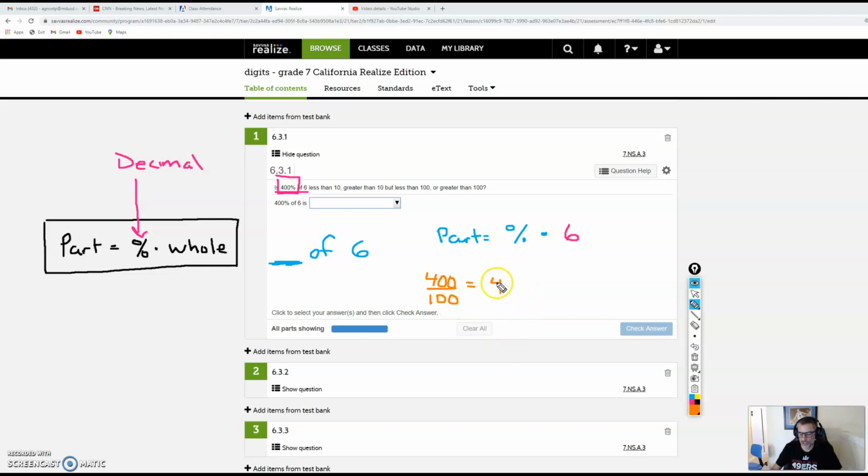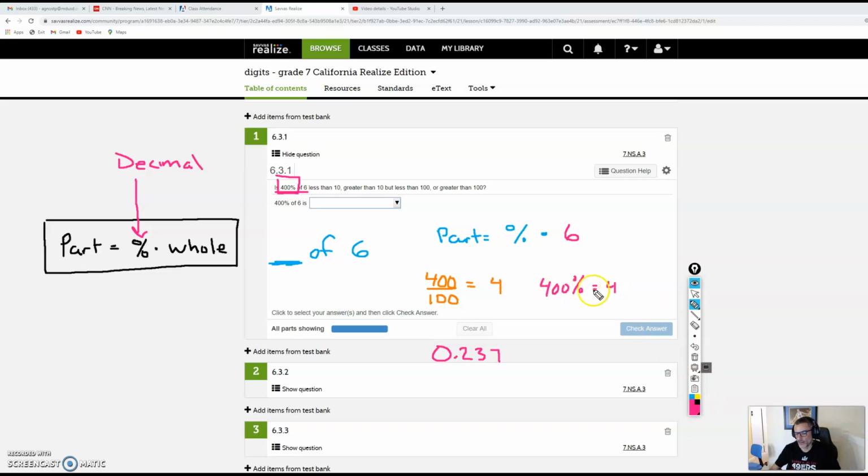So 4 is actually in decimal form. I know when we think of a decimal, you think of something like 0.237, and that is a decimal, but 4 is also a decimal. It's just what we call standard form. So 400% in decimal form is equal to 4.